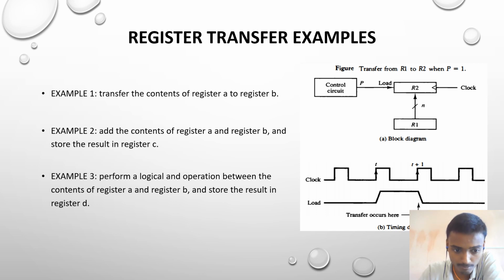If you do the logic operation between those two registers, we store it in another register D. Using C, we have the load signal and clock signal. Let us see the next slide.